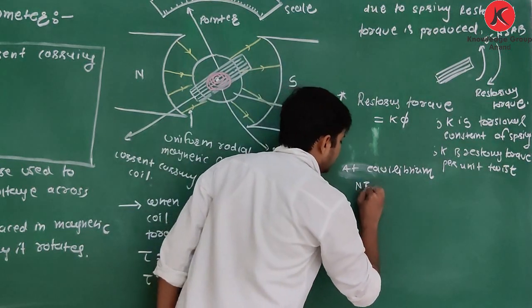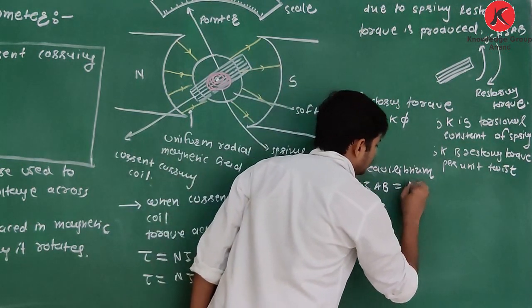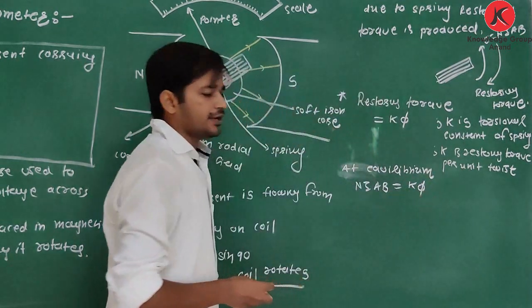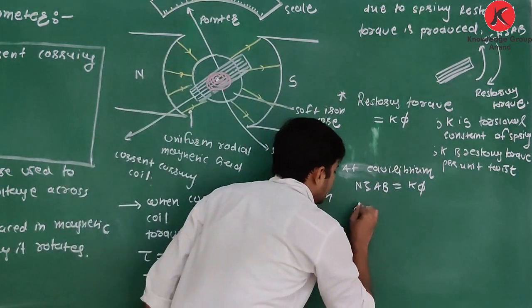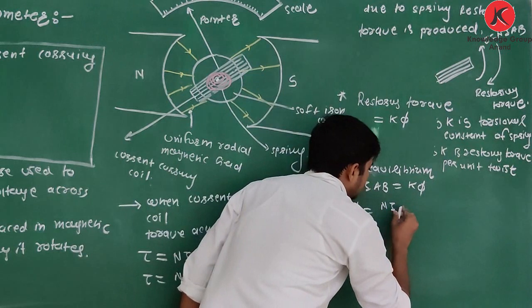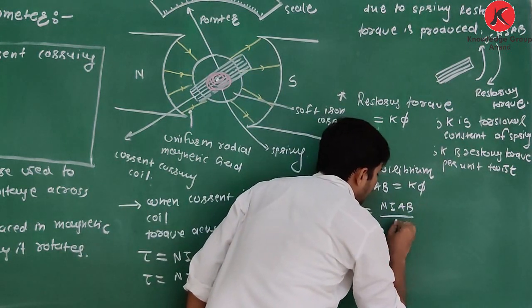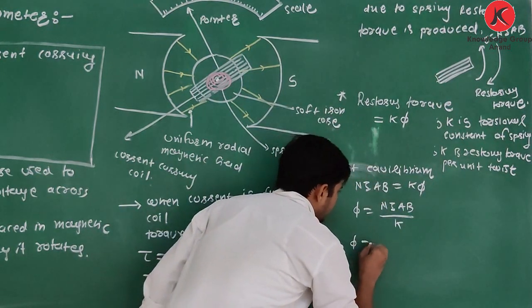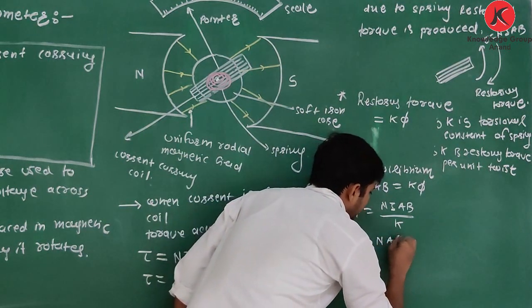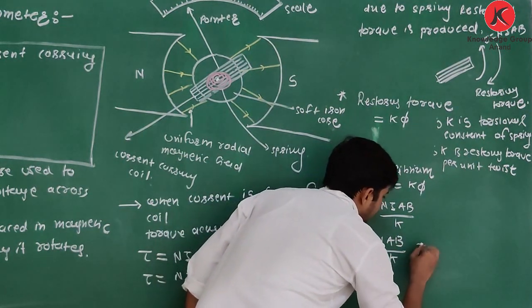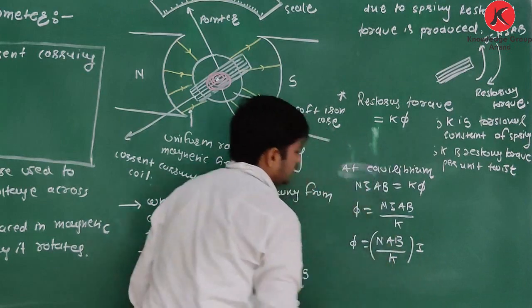So at equilibrium I can write NIAB is equal to K phi. Now make phi the subject: phi is equal to NIAB upon K, or phi is equal to NAB upon K, into I.